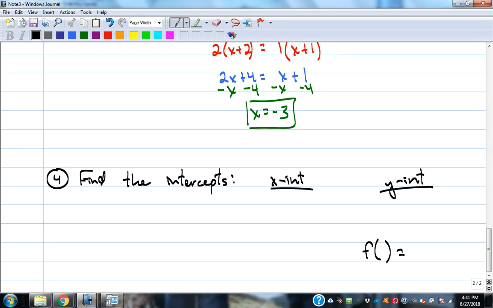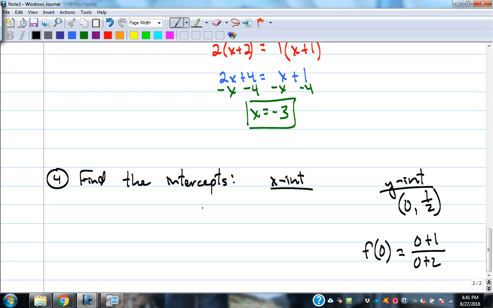So to find a y-intercept for any equation, you plug a 0 in for x. 0 plus 1 over 0 plus 2 is 1/2. So the y-intercept is at (0, 1/2). Y-intercepts are always the easiest. X-intercepts are not always easy.